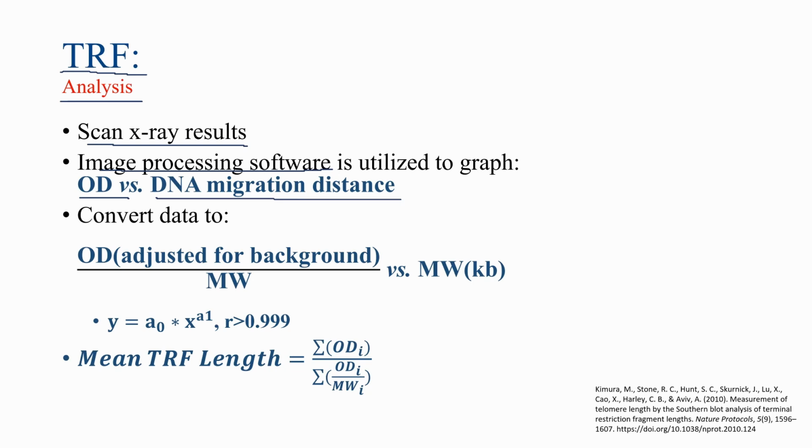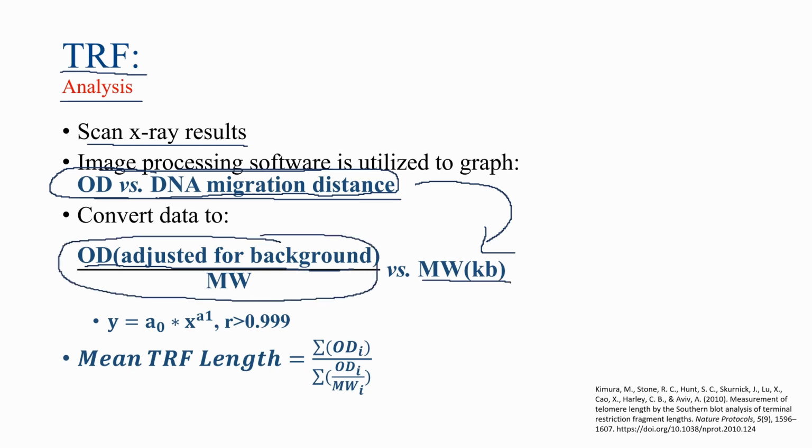Once you have that data of the optical density versus the DNA migration distance, you will utilize that data to obtain the optical density that has been adjusted for the background, I'll talk about how that is done in a bit, divided by the molecular weight, versus the molecular weight. Obviously, this would be on the y-axis and the molecular weight here would be on the x-axis.